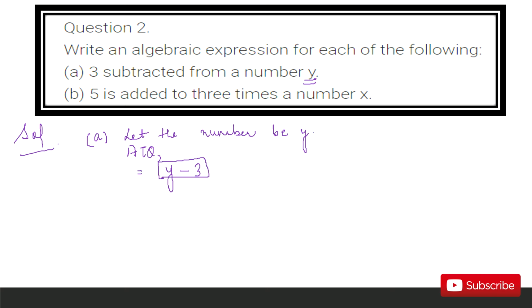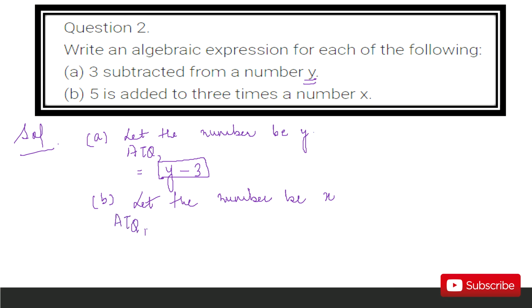first answer. If I talk about the second one, 5 is added to the 3 times of the number x. Now here they have told me that the number is not y, the number has been changed. So the number has become, let the number be x. Alright. Now after this, let me write my ATQ statement.